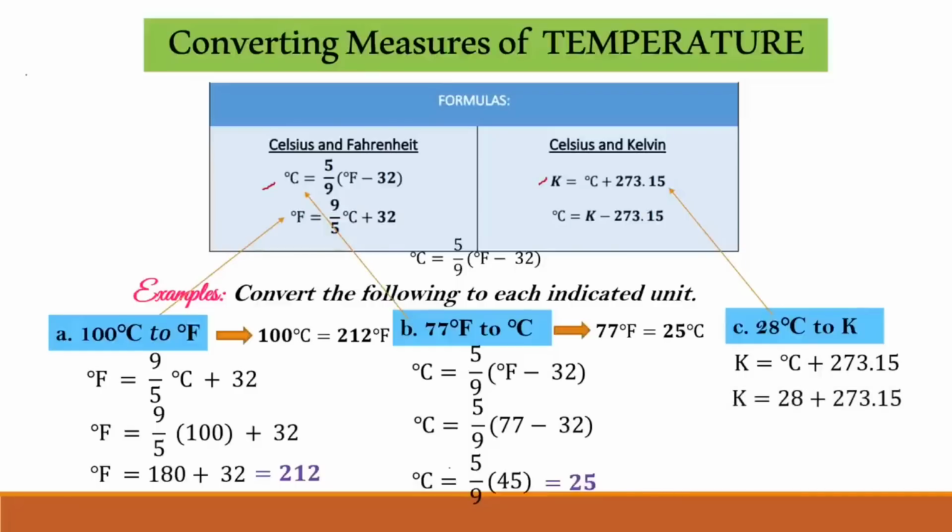So we will have K is equal to 28 plus 273.15 and the sum is 301.15. So for our final answer, we say that 28 degrees Celsius is equal to 301.15 Kelvin.